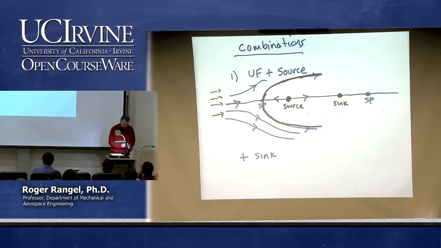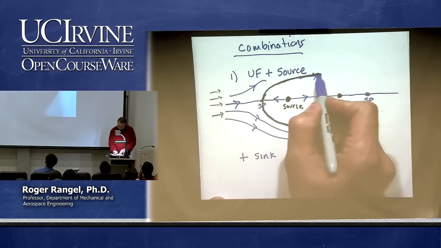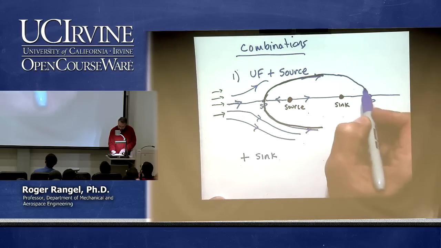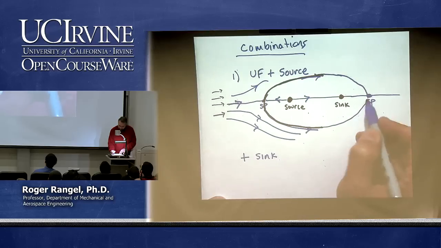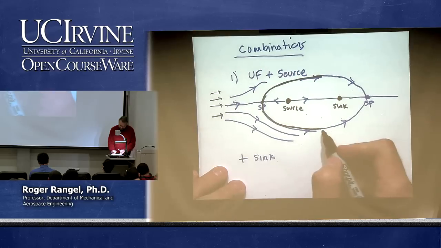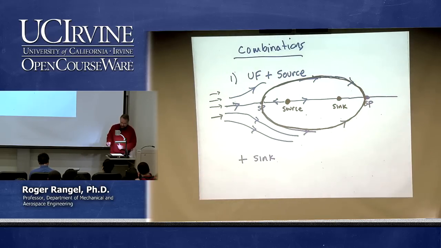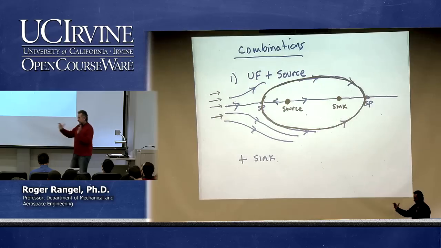So there'll be a streamline that goes right to that. This same streamline will go right into that stagnation point. Right? And if I just say, well, that is going to be the rest of the body, then we have this elongated object.